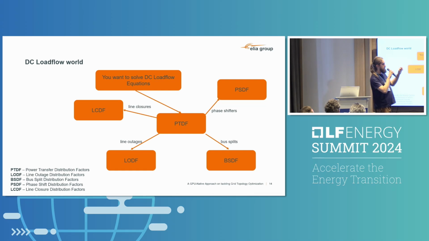If you take a line out, you could define an LODF, which is a very small change in the grid. Effectively, this is a Woodbury rank 1 update to this inverted matrix, this PTDF matrix. Or you can actually close a line, again a very small change in the grid. And you can keep going there, you can set phase shifters, and you can split buses.